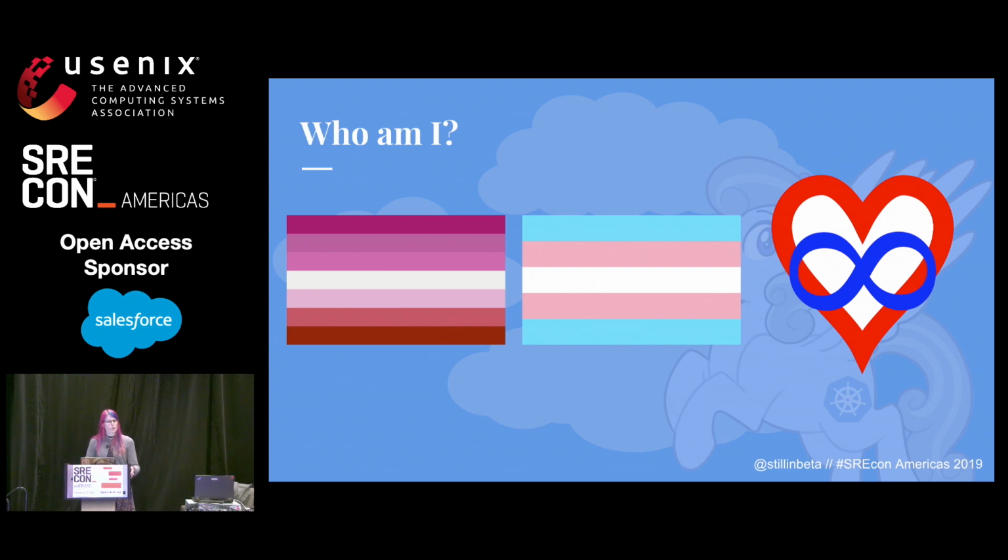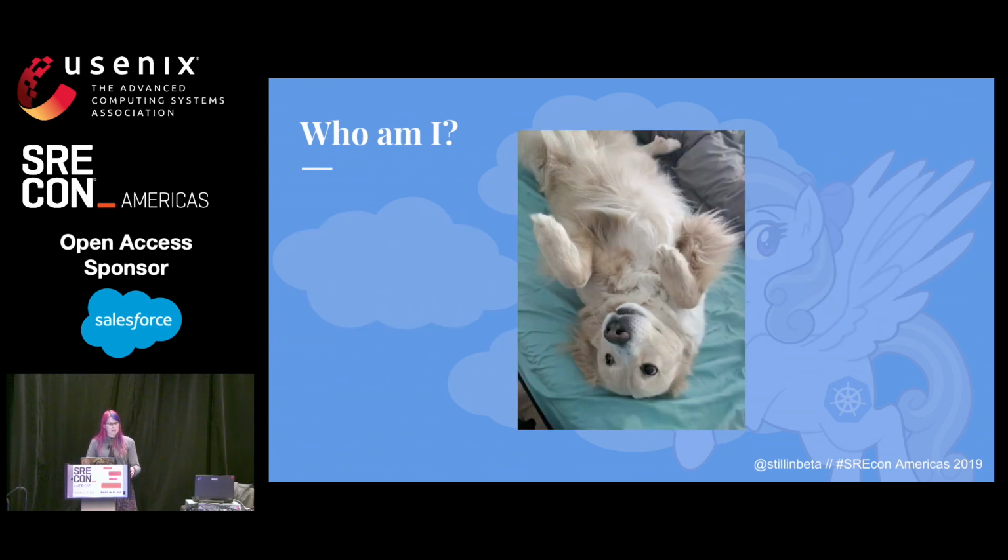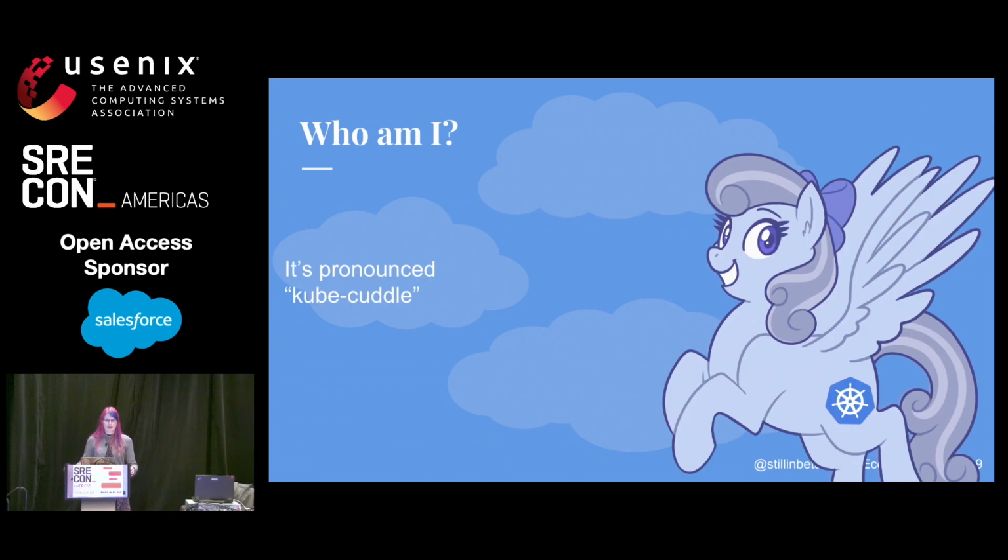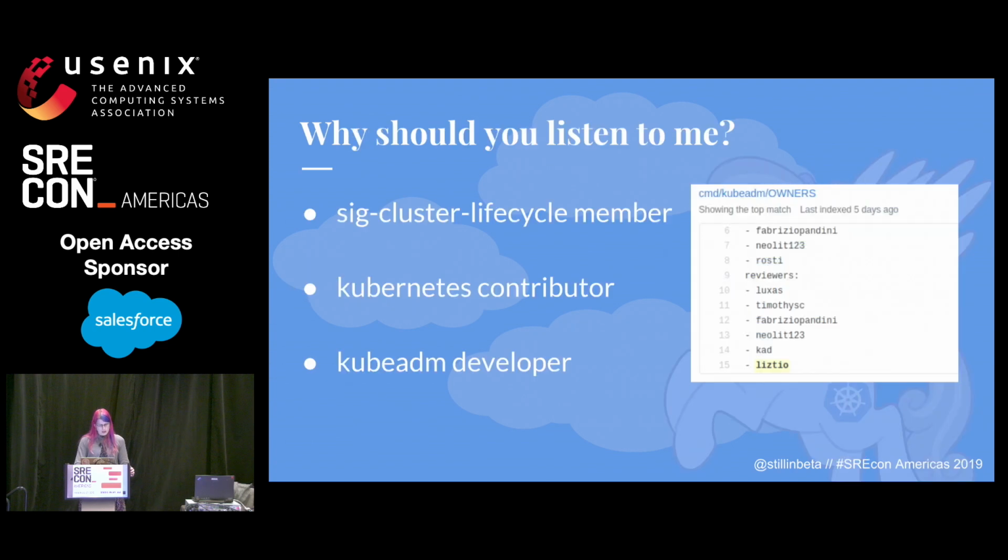Personally, I am a queer, trans, and polyamorous woman. I am a dog mom. I created the pony that you see in the background of all of my slides. Her name is kubecuddle, and that's how you pronounce the command, in my opinion. Kubectl is kubecuddle.